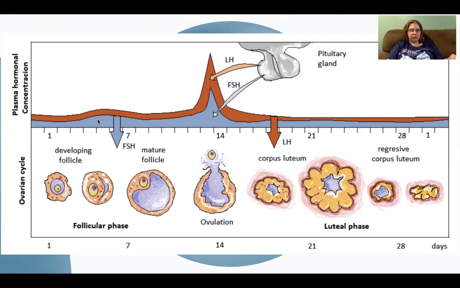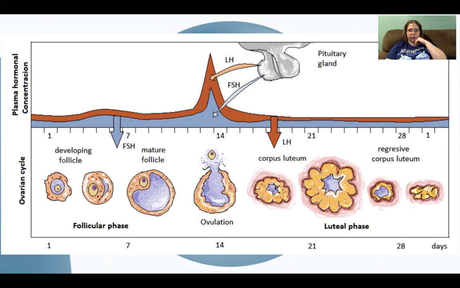They're kind of low, but notice that they're starting to increase. Now we have a fully mature follicle. When they both reach their height, that is when ovulation occurs. So the egg cell is going to be pushed through the follicular cells and out of the ovary.